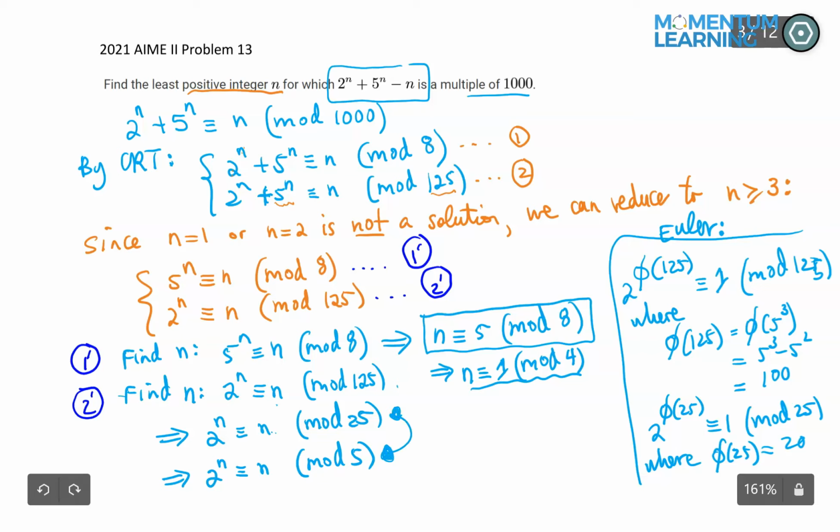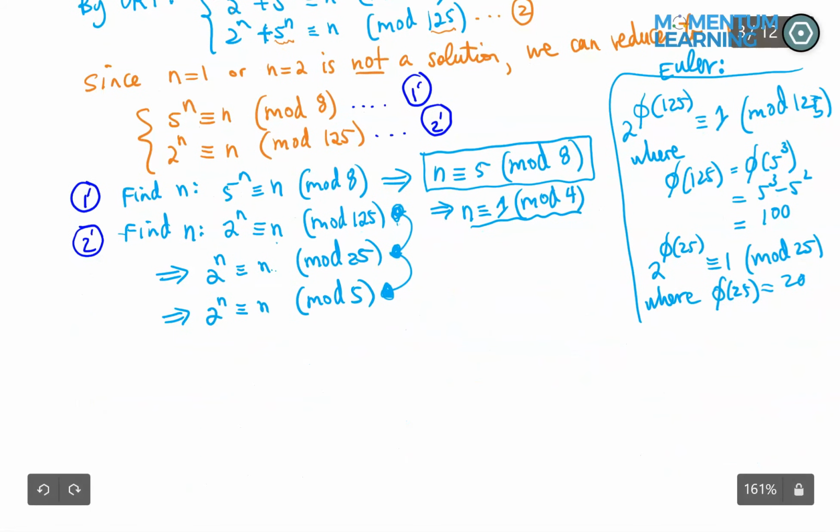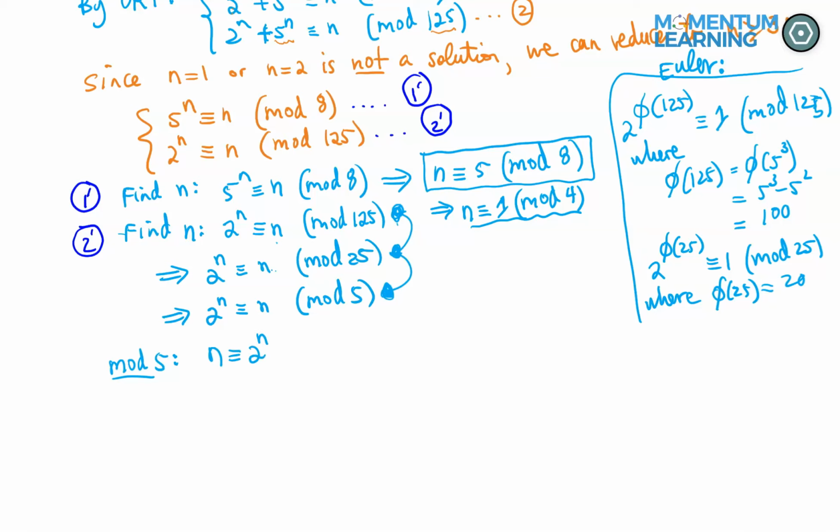We will go here and then ultimately attempt our own problem. So let's start with modulo 5. Let me remind you, modulo 5, we know that n is congruent to 2 to the n, like we said, because if n is congruent to 2 to the n modulo 125, it has to be congruent to 2 to the n modulo 5 as well, right?